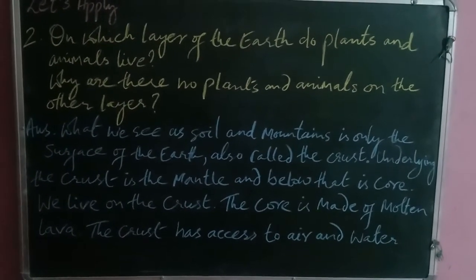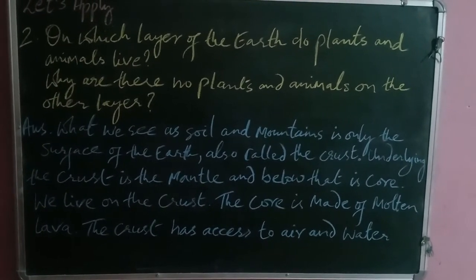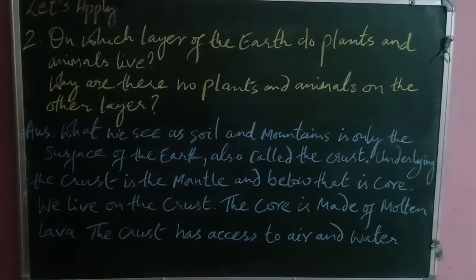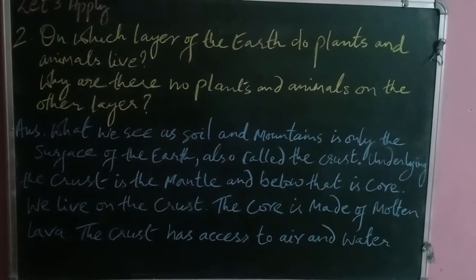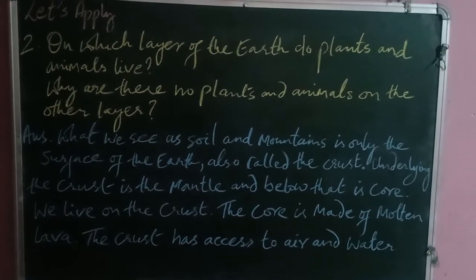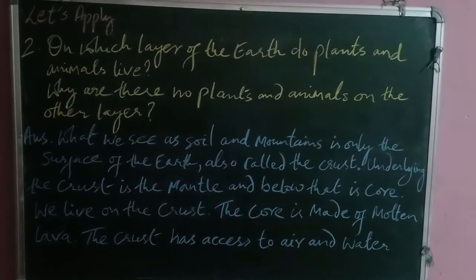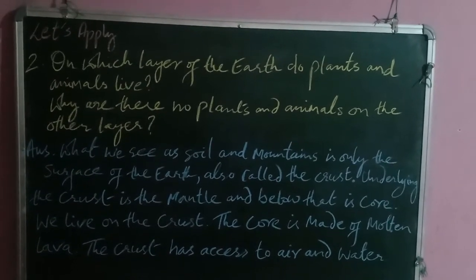Underlying the crust is the mantle and below that is the core. We live on the crust, full stop. The core is made of molten lava, full stop. Then you have to write, the crust has access to air and water. So that much you have to write.